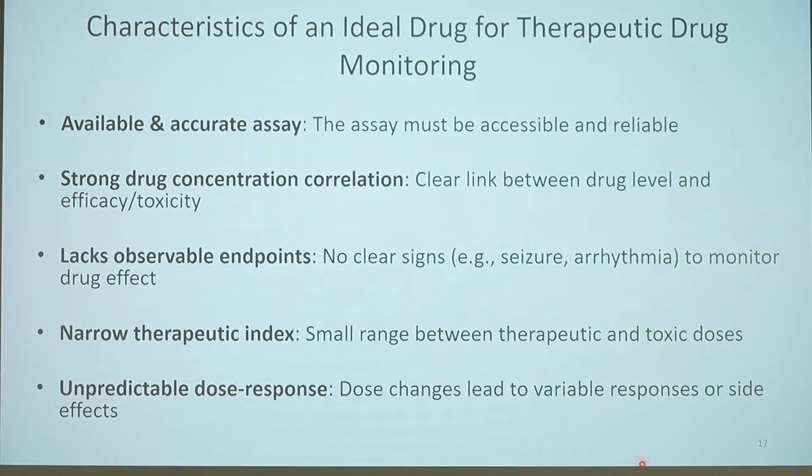And then, as I mentioned, there's a variable dose-response relationship with these drugs, meaning that any principle of pharmacokinetics might be altered, or even pharmacodynamics. There may be supersensitivity of the receptor or a paradoxical effect of the drug on a certain receptor, and we'll talk about that a little bit later.